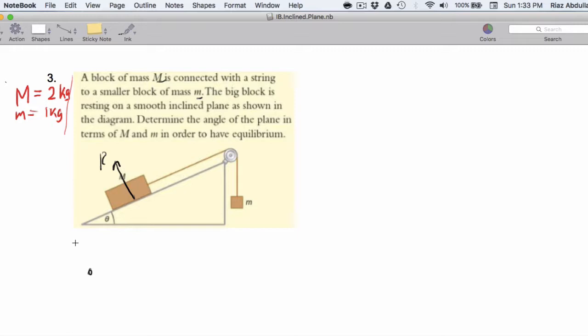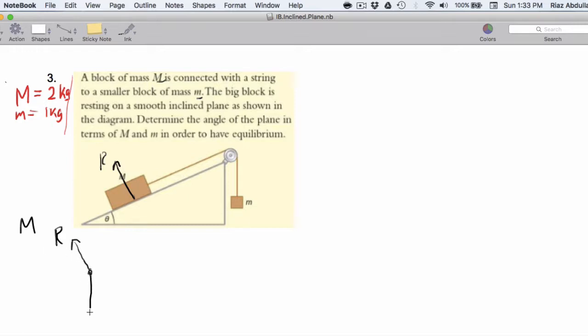So here we go. I know that R points like this, so I'm going to do the free body diagram for big M. I have R here. I have FG of big M. So then I'm going to get FG sine theta of big M. Sorry, that was really annoying.